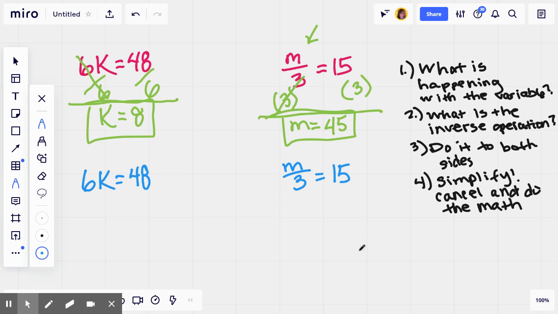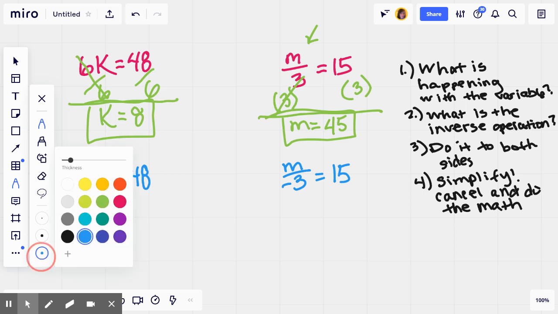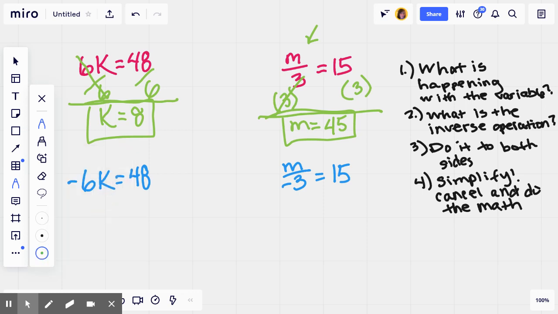But what I'm seeing is that when we start to throw a negative in, that's when people are getting confused. So I want you to look really, really carefully here at this problem. This is not a subtraction problem. Ladies and gentlemen, if this were a subtraction problem, it would look like this: 6 minus k or k minus 6. If it was a subtraction problem, the minus sign or negative sign would be between the two terms, right?